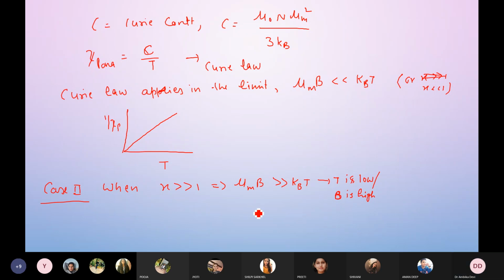Okay, so under this situation, L of x tends to unity. When you apply this condition, L of x will tend to unity.